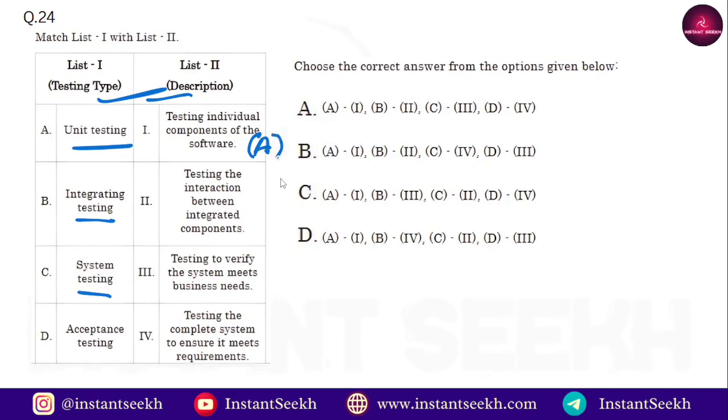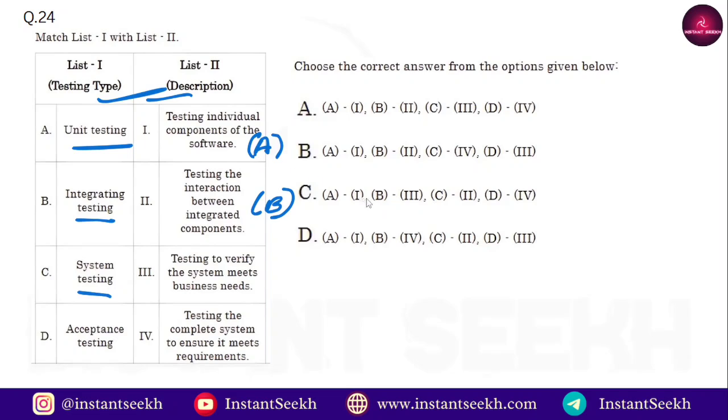Here, testing individual components of the software. Integration testing is where we are combining the different components and testing how the integration has been done, how the integration works well or not. So here, testing the interaction between integrated components. Straight away here it goes for second.